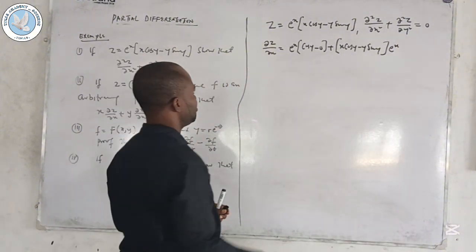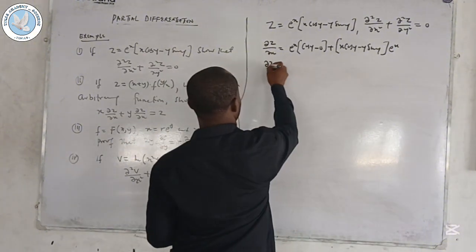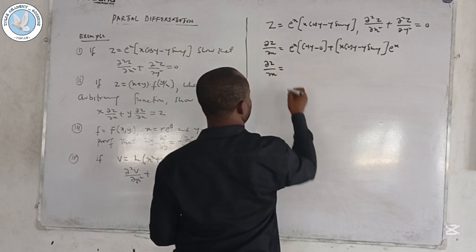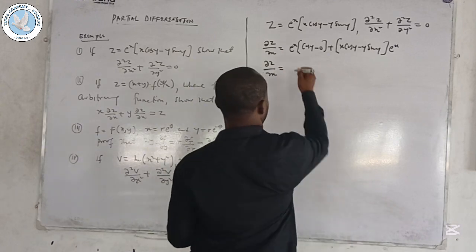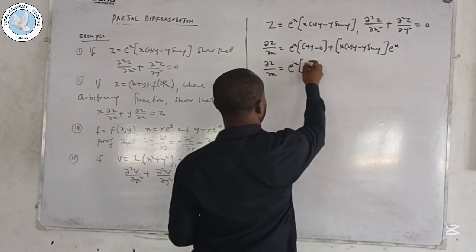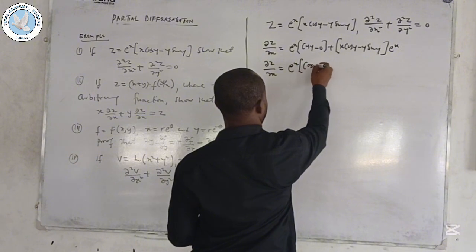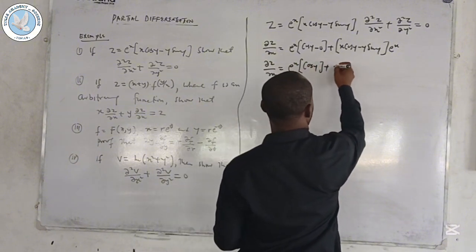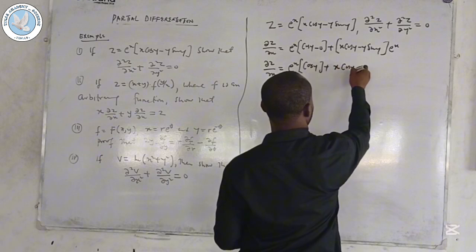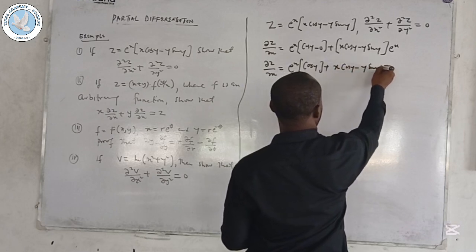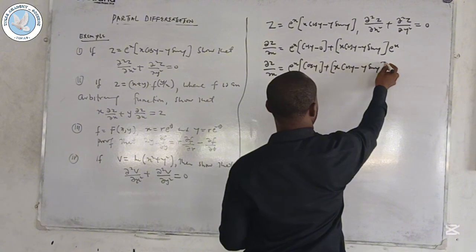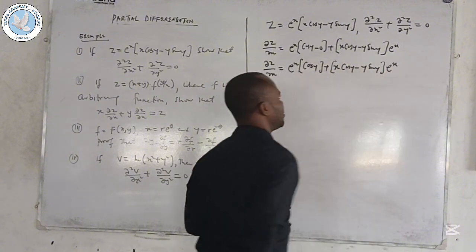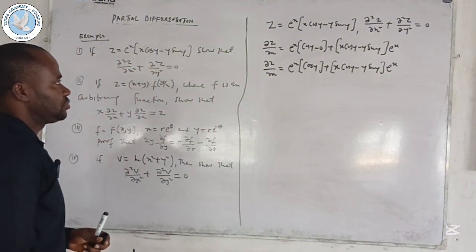So at this point we try and simplify the solution. So this is cos y plus x cos y minus this. This is in brackets multiplying exponential x.